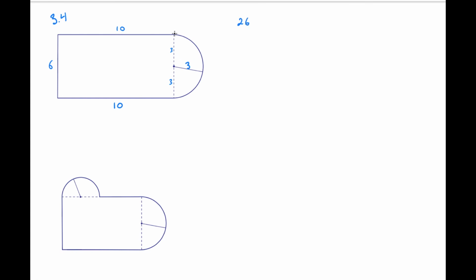Now we have to figure out from here all the way around to here. What is that measurement? Well, it's a half circle. So we need to say 2 pi r, but because it's a half circle, we're going to divide it by 2. Okay?